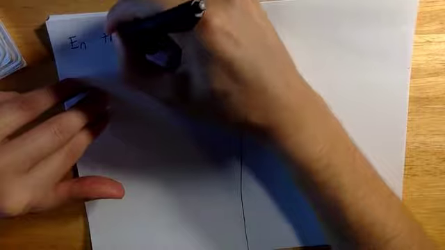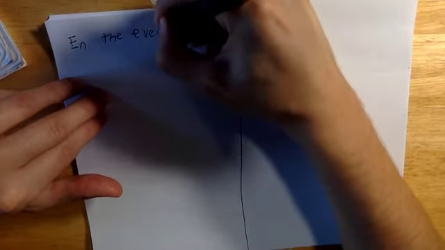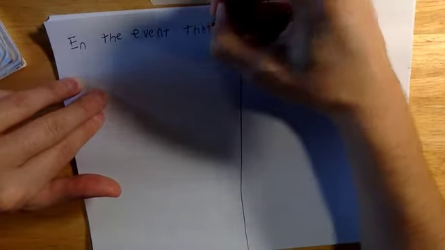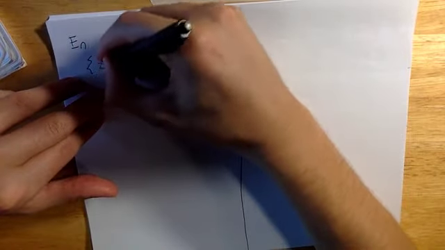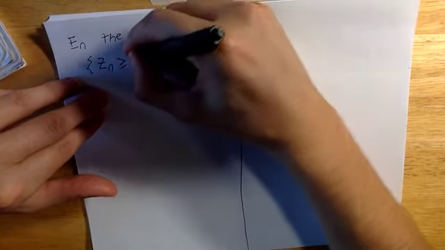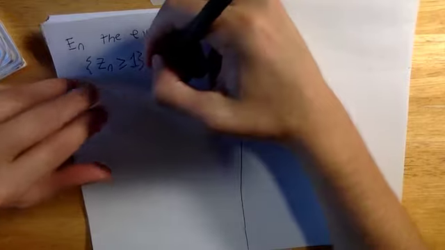We are going to consider En, which is going to be the event that Zn is bigger or equal than 1.